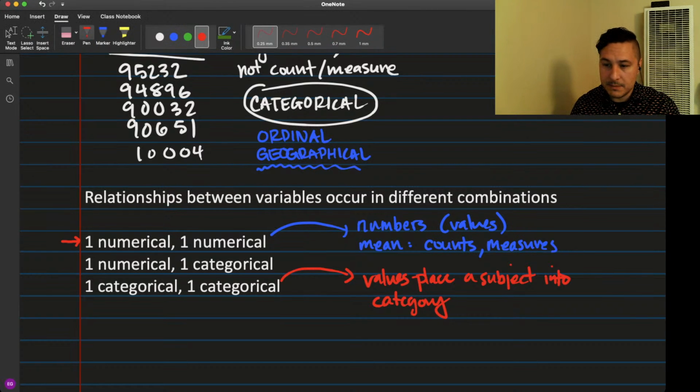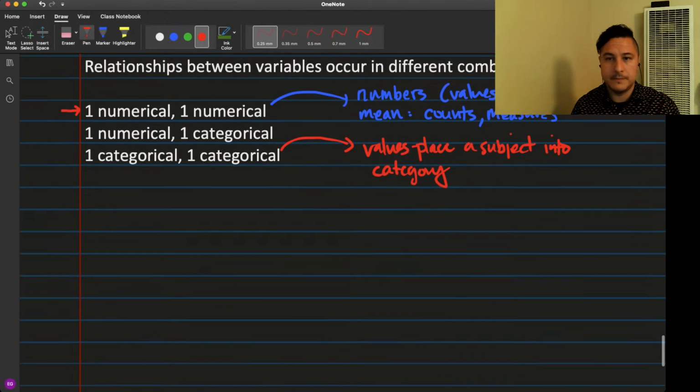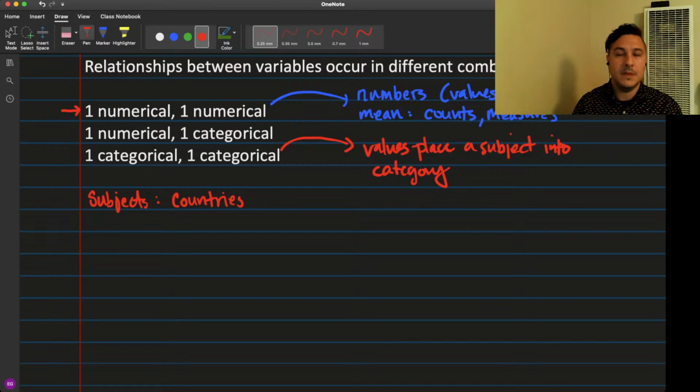For this example, let's say that my subjects are going to be countries. We're going to look at different countries.